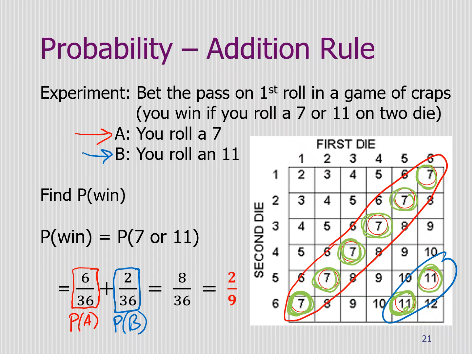These two events, rolling a 7 and rolling an 11, are mutually exclusive, so they can't happen at the same time. Nothing gets double counted, so there's nothing to subtract. So 6 over 36 plus 2 over 36 is 8 over 36, and then we have to reduce that fraction to simplified form, 2 over 9.